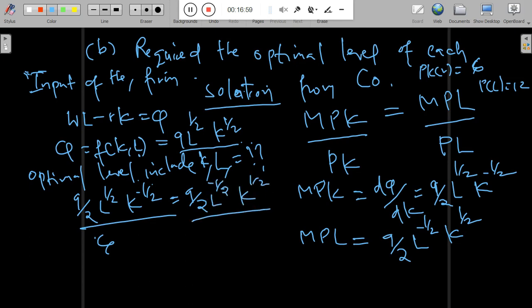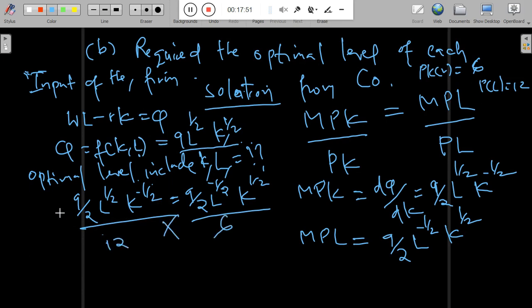Now we also take the next equation, the marginal product of capital. We decided to take the function of marginal product of labor first, to be on the left hand side, and the right to be the marginal product of capital.